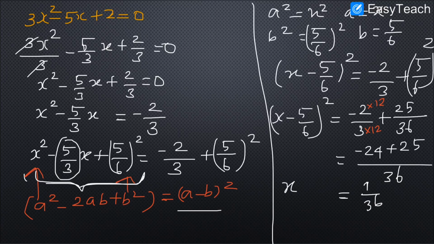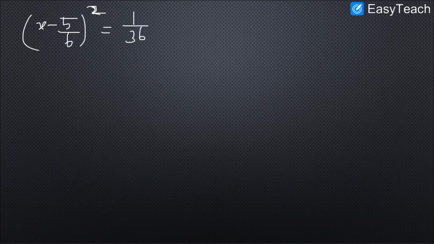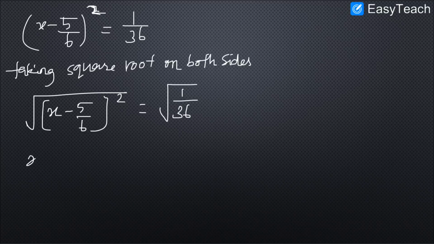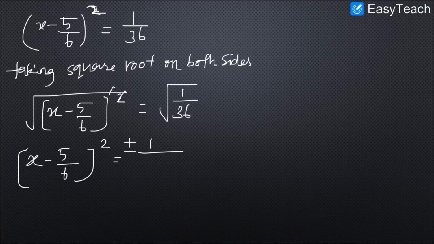So on the LHS, we have x minus 5 by 6 the whole square. So this is what we have done. In the next step, I am going to get rid of the square, so I am going to take the square root of both sides. Square root of x minus 5 by 6 the whole square equals square root of 1 by 36. So x minus 5 by 6, we can cancel the square root and square, equals, when you bring the numbers out of the square root, it can be either plus or minus.